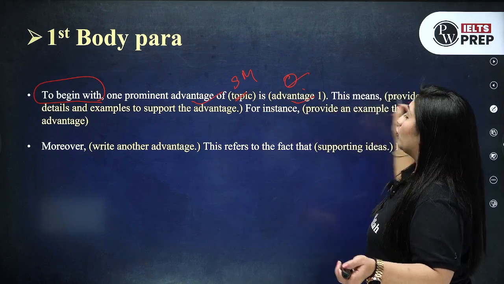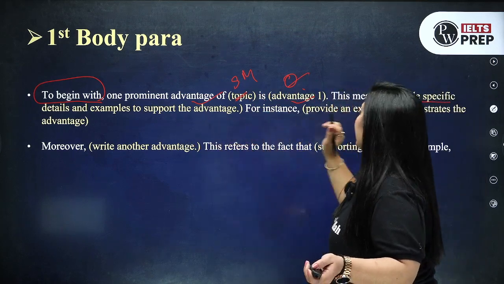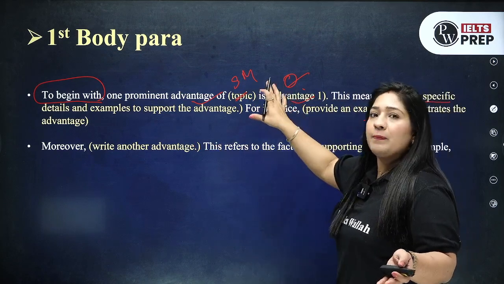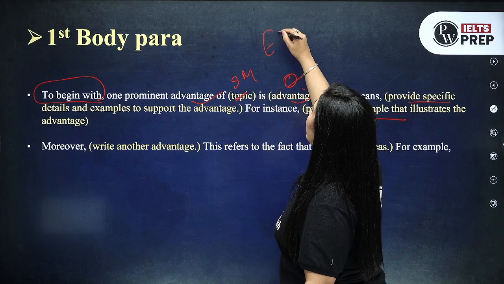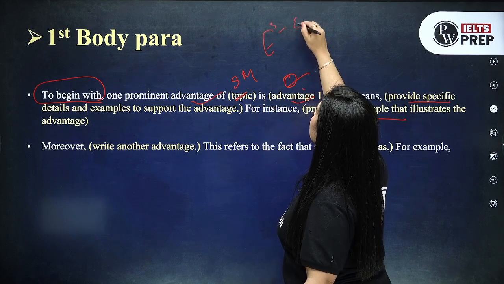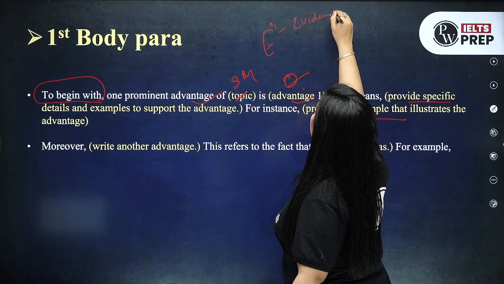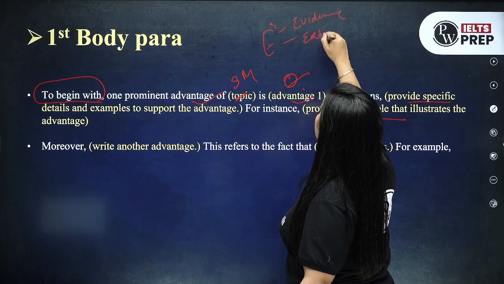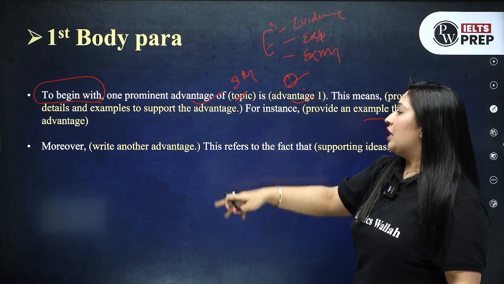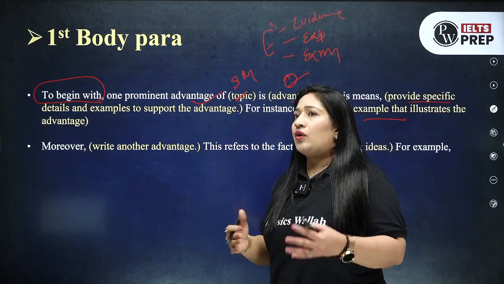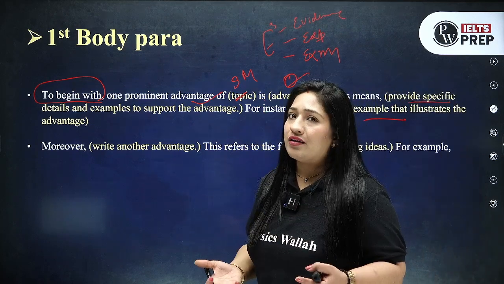This means that I'm going to give some supporting ideas with example, right? So this is the particular format which I have told you, EQ. You remember that EQ, that you are going to put the evidence, then you are going to explain that with some example. So that's what I'm following here. Now, as I've told you, you have to somehow write more advantages and disadvantages.